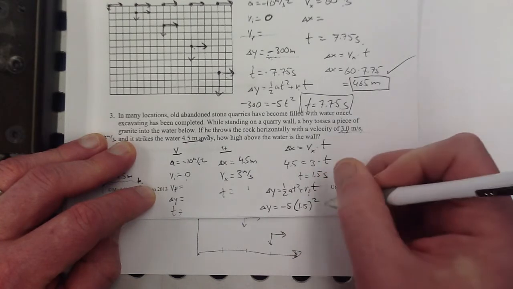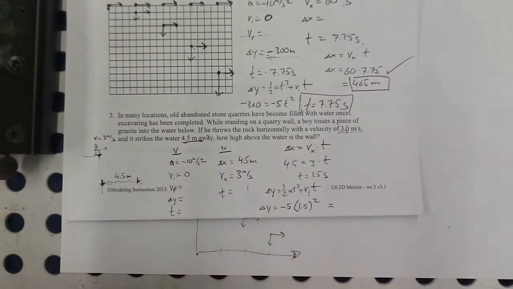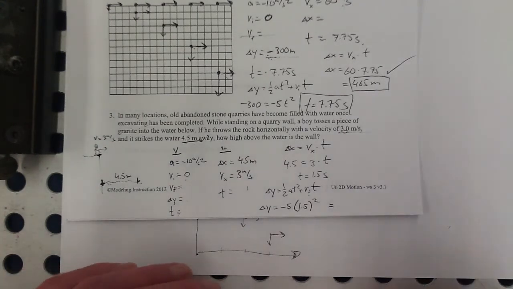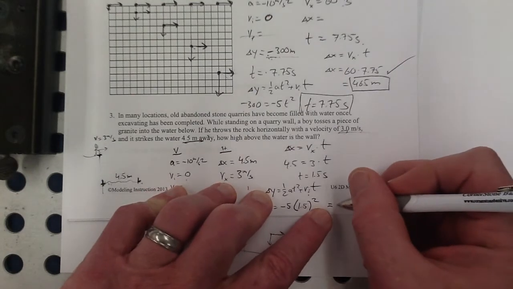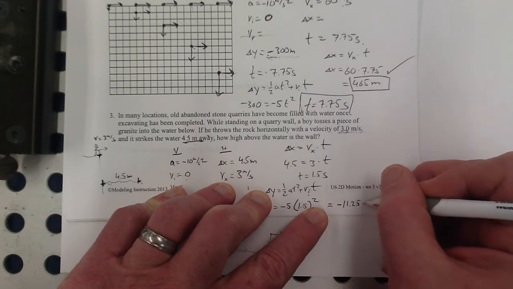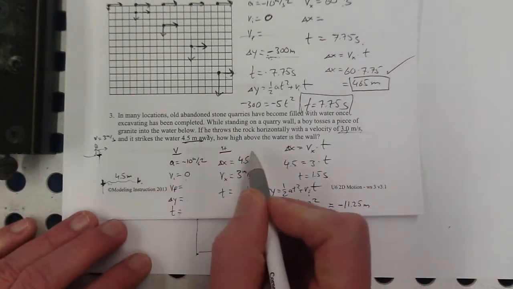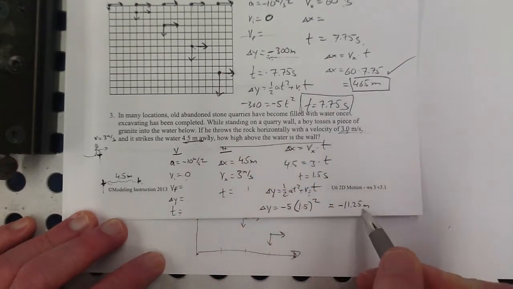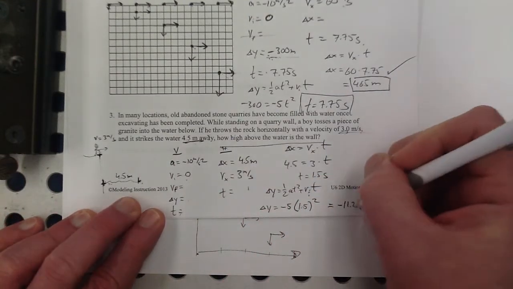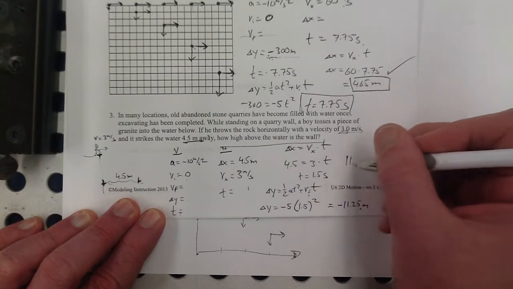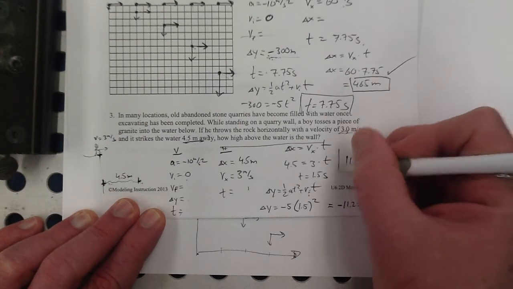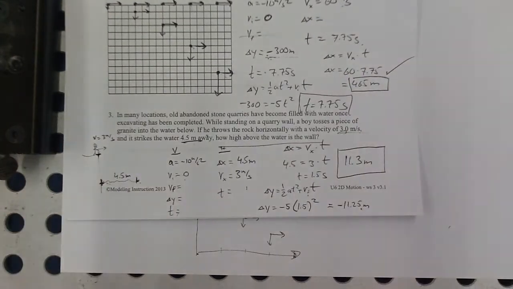The Vi is 0. So that gives me negative 11.25. But of course, the question was how high above the water is the wall? So we shouldn't give the negative answer. So how about I round that to the nearest tenth of a meter? So it's 11.3 meters high.